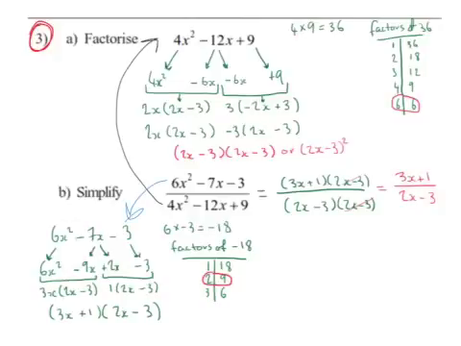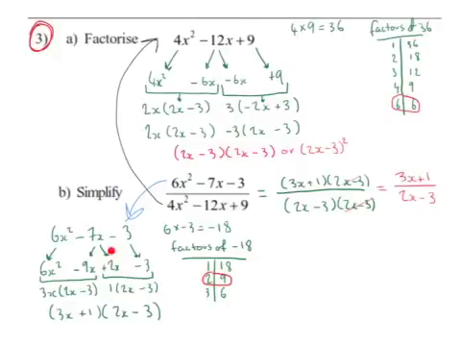So same method. I bring down the 6x squared over here. I bring down the minus 3 over here, and I leave space in between because I'm going to have two terms there. I multiply the 6 by the minus 3 to get minus 18. And factors of 18 are going to be 1 by 18, 2 by 9, and 3 by 6.